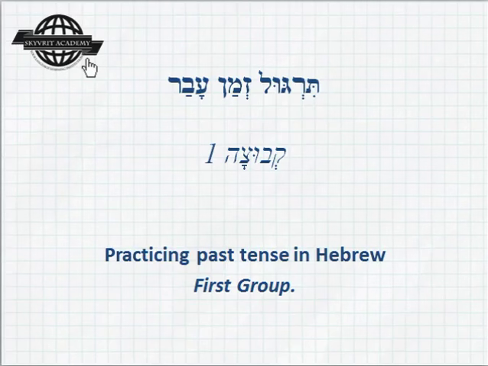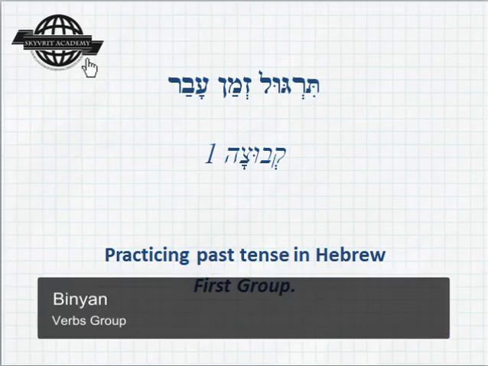Right now, in order to make it easier on us to conjugate and find the different verbs, we need to find the binyan. In case you don't know what binyan is, it's simply a group in Hebrew. The general term is binyan. It is used to distinguish and make the difference between the different groups.